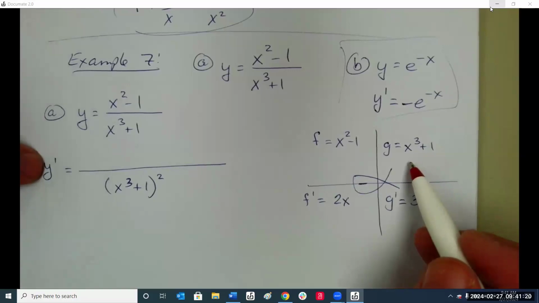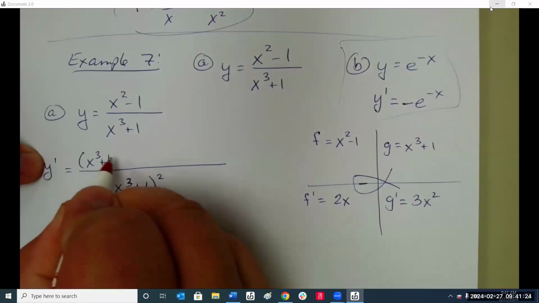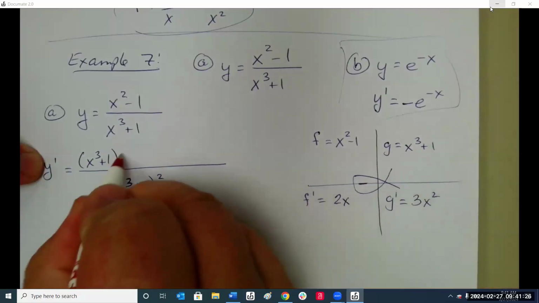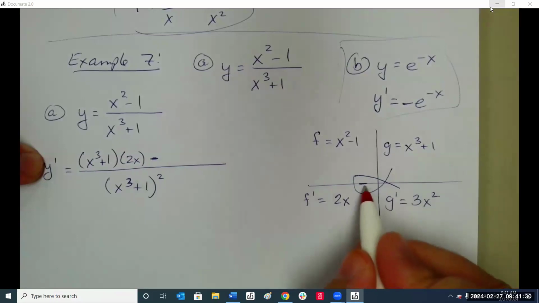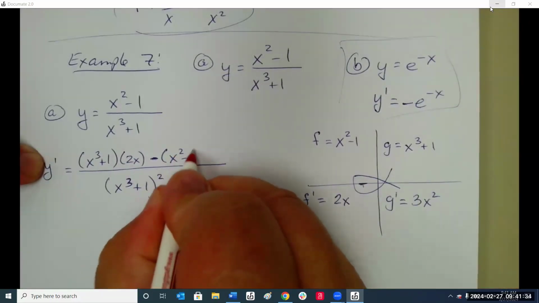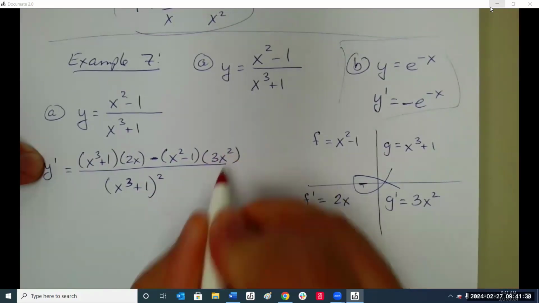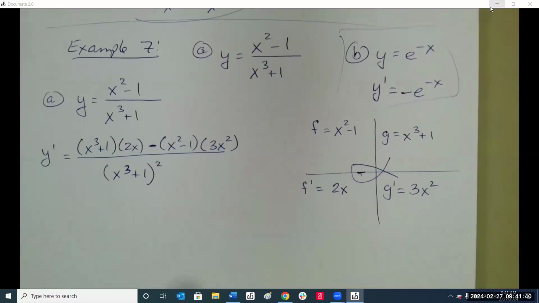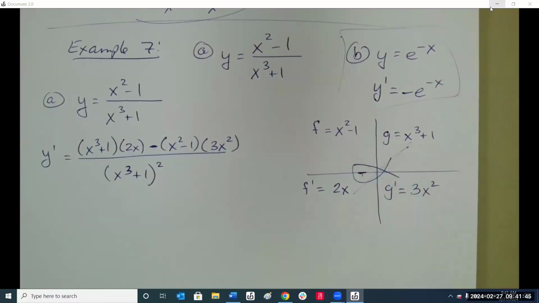So on top, we got this first one: x cubed plus 1 times 2x, minus, since it's a quotient, x squared minus 1 times 3x squared. These two times minus these two.